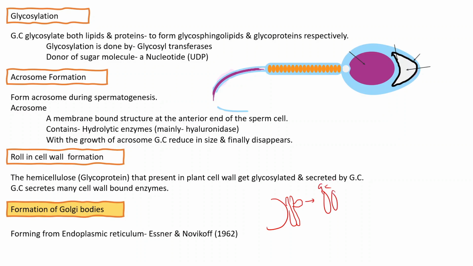So it is clear that the Golgi is gaining its membranous portion from the endoplasmic reticulum. In that sense, it is proposed that Golgi bodies take their origin from the endoplasmic reticulum, and that concept was postulated by Eisner and Novikov in 1962. Okay, with this we finish the Golgi complex.